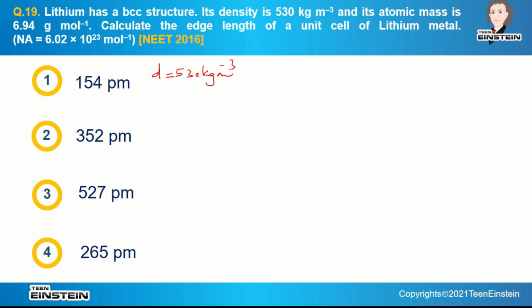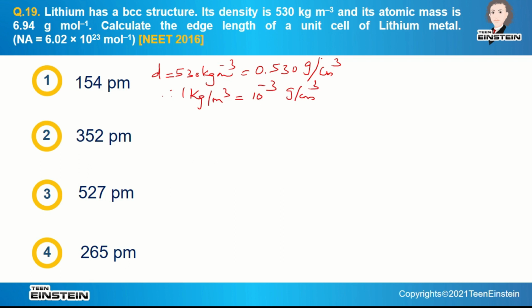So we write it in centimeter, that is 0.530 gram per centimeter cube. So we know that 1 kilogram per meter cube is equal to 10 to the power minus 3 gram per centimeter cube.